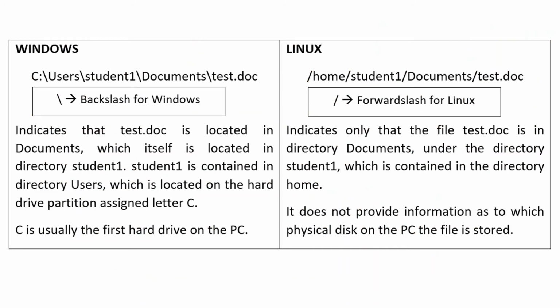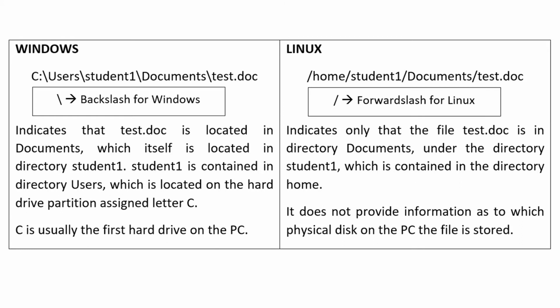Let's look at this comparison side by side for Windows and Linux. We are comparing test.doc in two different systems. Let's look at Windows first. In Windows, this file test.doc is located in the C drive, in Users, where the user is student 1, in the Documents folder.